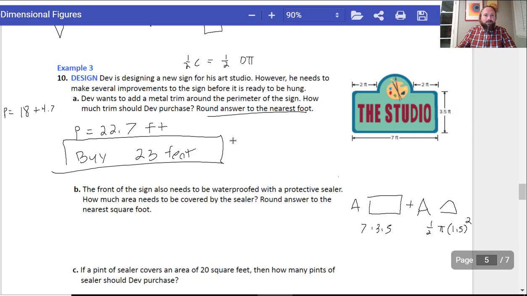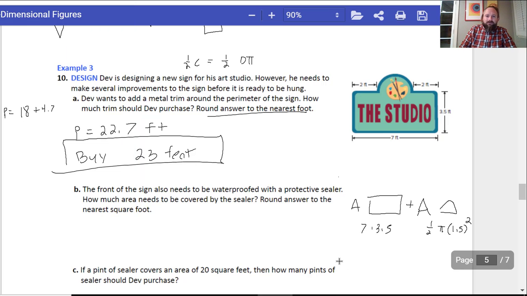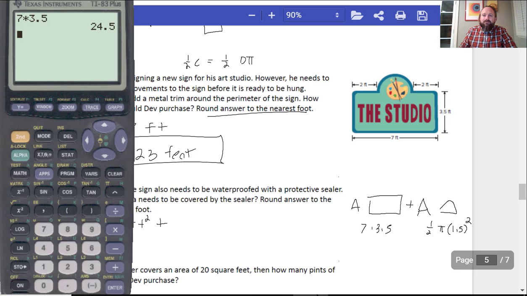So, using my handy dandy calculator, I would just clear it up. 7 times 3.5 is 24.5, so I write that down. So this is the rectangle, 24.5 feet squared, plus the semicircle.